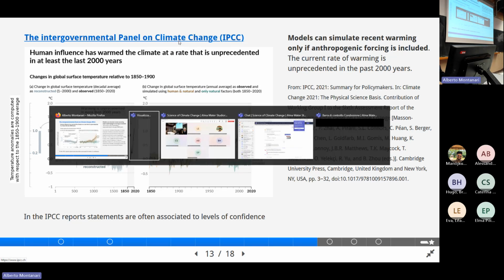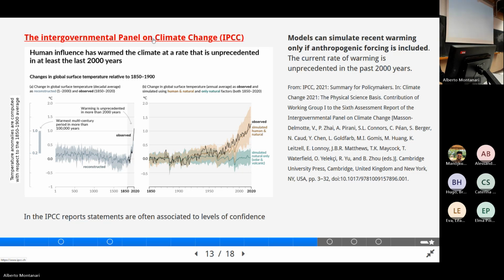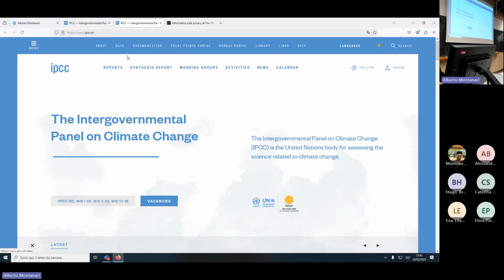Let me open it here. Okay, very good. On this website, you find a lot of information on the science of climate change, indeed.